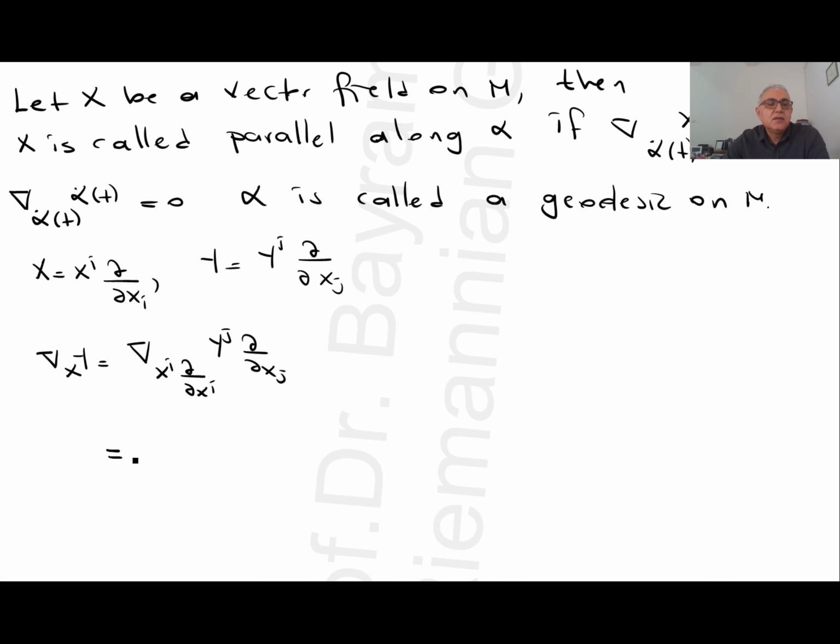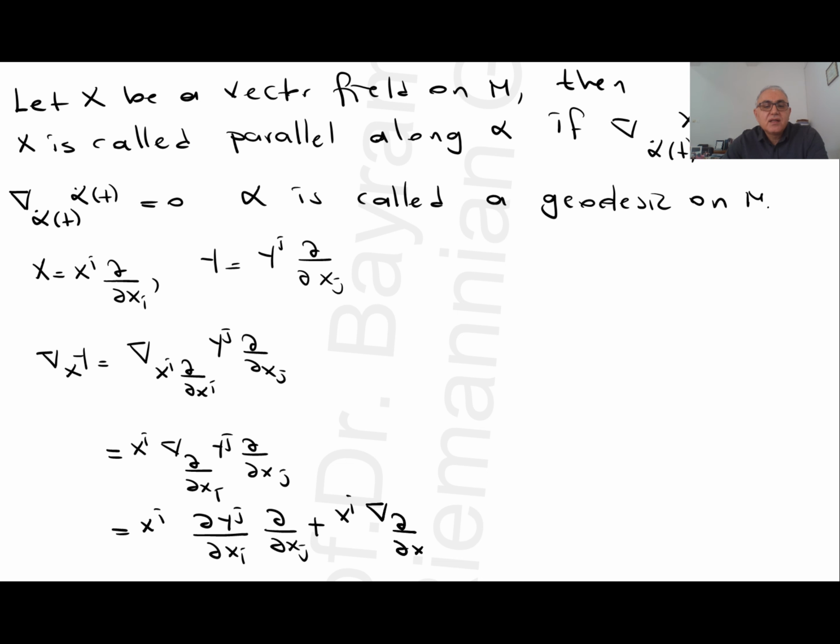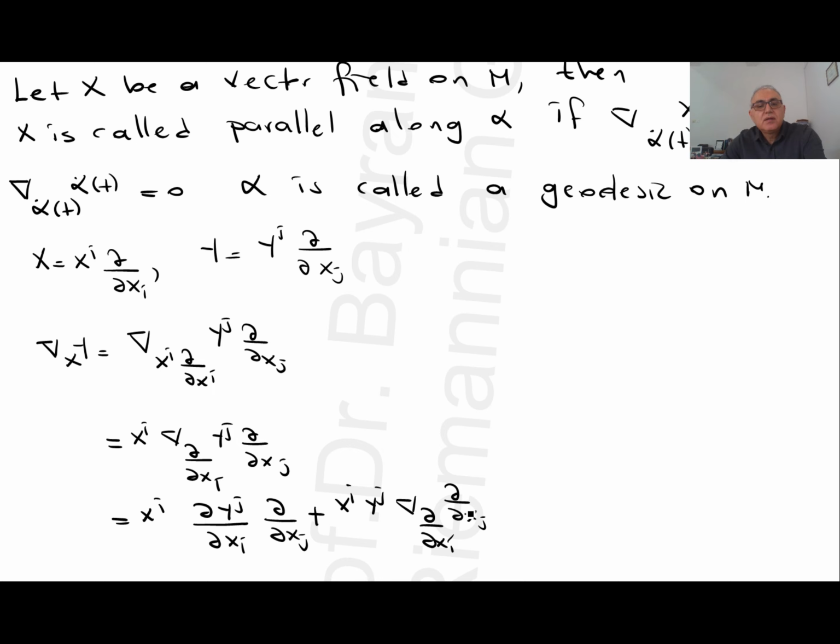So using the properties of this connection, we can write X^i times nabla_{partial_i} of Y^j partial_j, and then if you take the derivative, first you have X^i times the partial derivative of Y^j with respect to x_i, times partial_j, plus X^i Y^j nabla_{partial_i} partial_j.